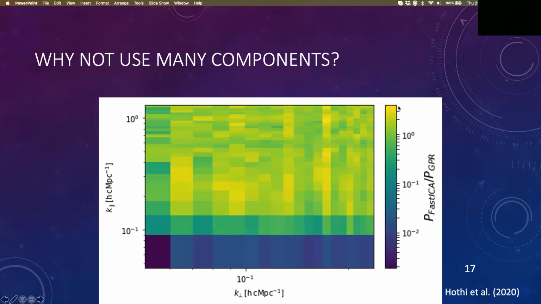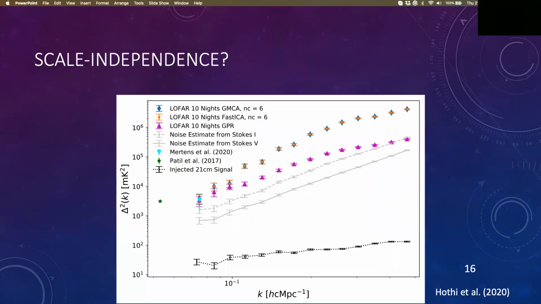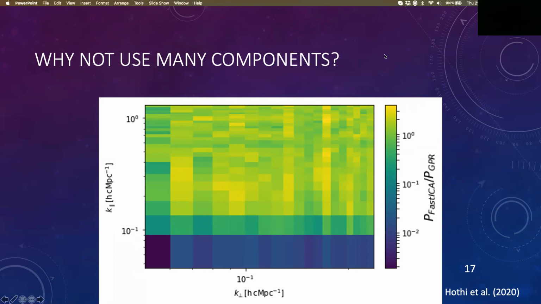And we can see this here again. So this is the cylindrical power spectrum ratio, where we've taken the cylindrical power spectrum of the GPR result and the FastICA result and taken the ratio. And we can see at high k values an increase in power showing this degradation, this increase in excess power.